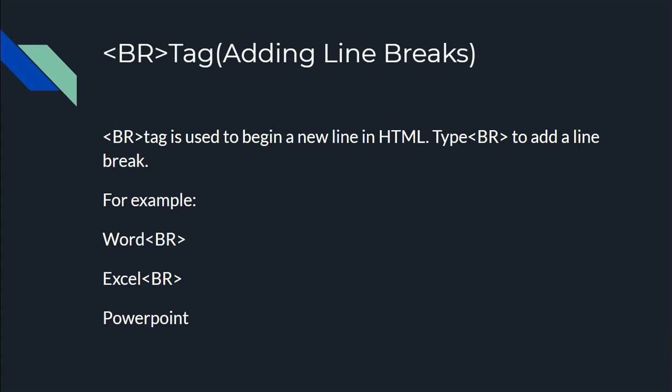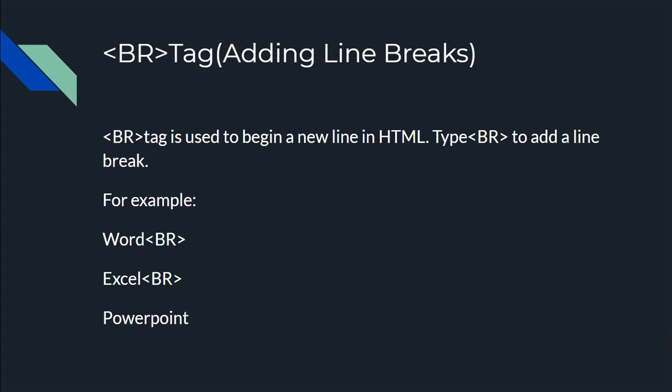Also, if we put multiple BR tags, then multiple new lines would be inserted. For example, if we write BR tags 3 times, then 3 new lines will be inserted between the two words in HTML. Here you can see the example. We have written Word, then BR, then Excel. Now the Excel will be shifted to the next line.